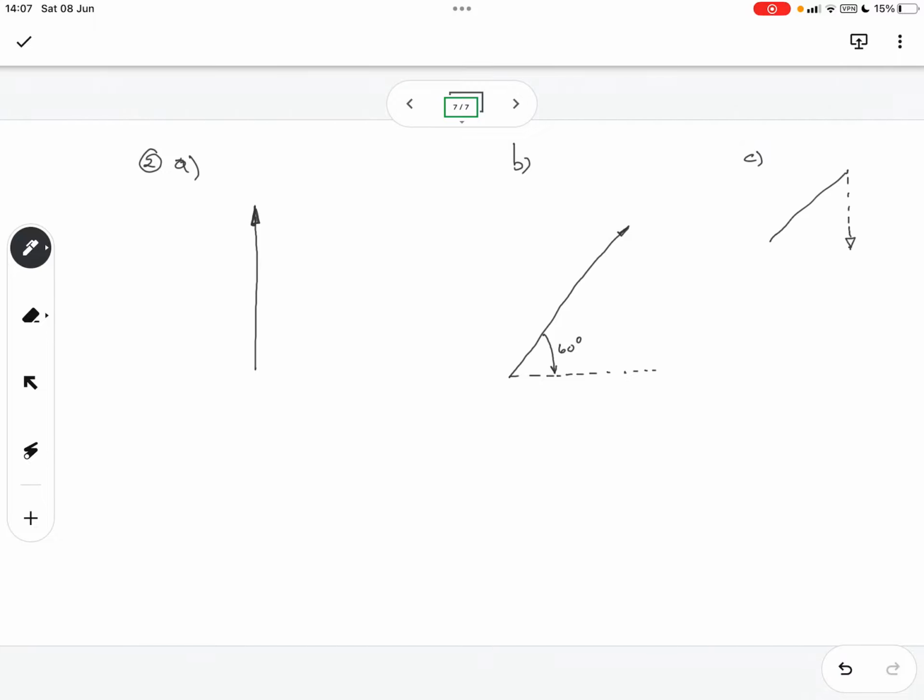And then we also have C, which is at 40 degrees to the vertical.